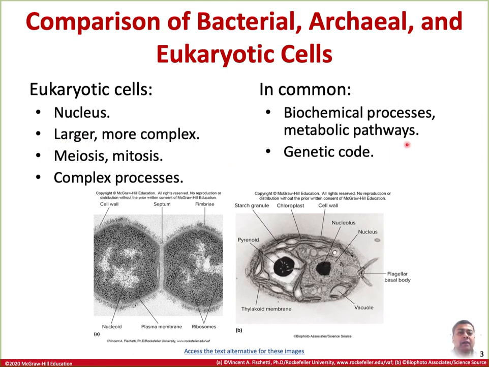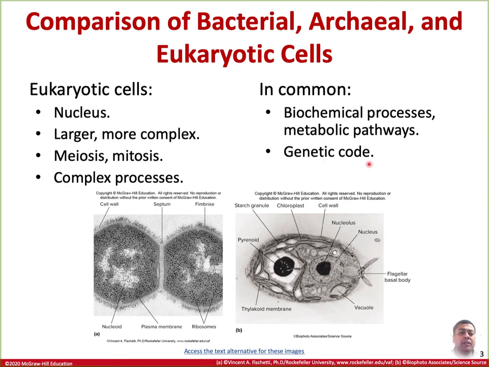On the other hand, many of the biochemical processes and metabolic pathways are very similar, but there are also some differences in the shape, number, size, and type of proteins. They vary, but overall, the processes have much similarity, and the genetic codes are also similar. For example, the codons which code for the amino acids are very, very similar.